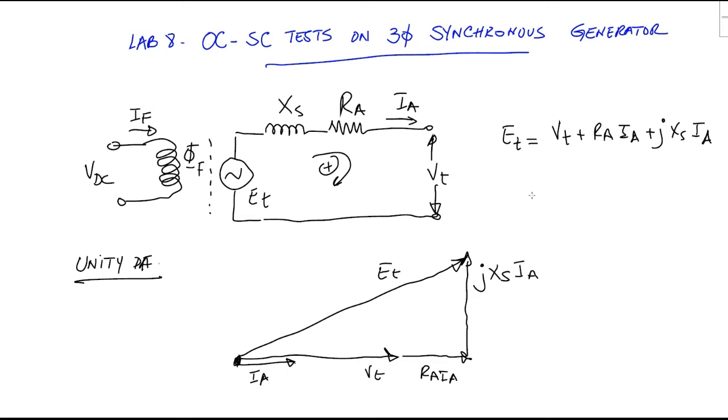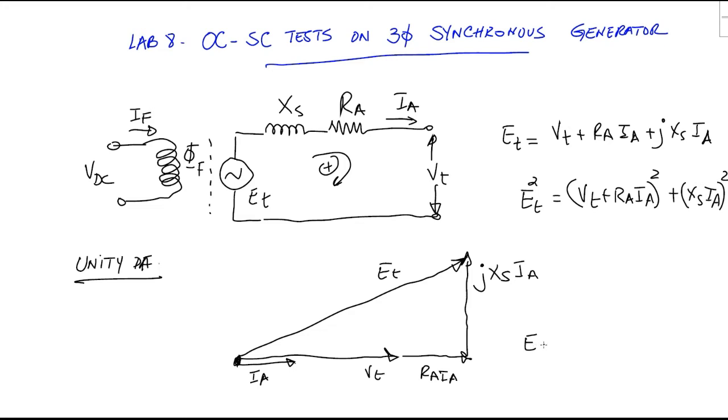Now, to determine this ET, we take the real part of this equation, squared, VT plus RA IA, and plus XS IA squared.